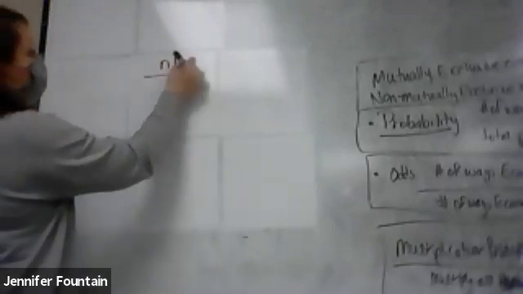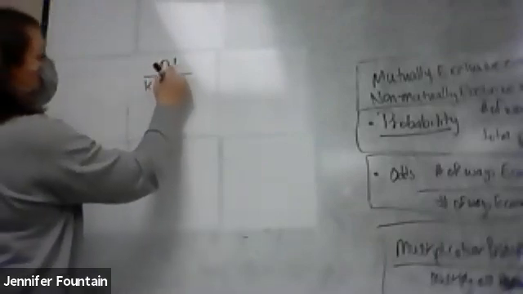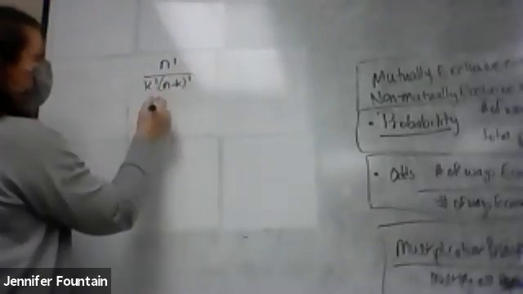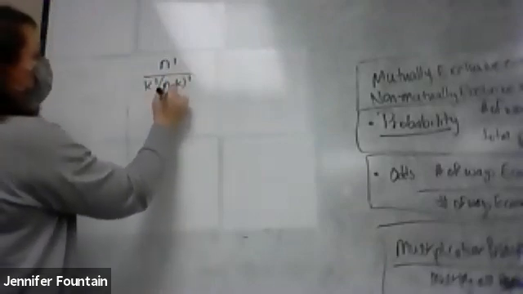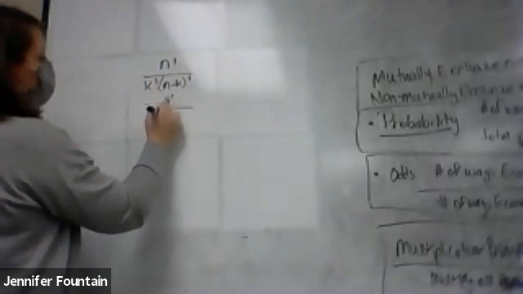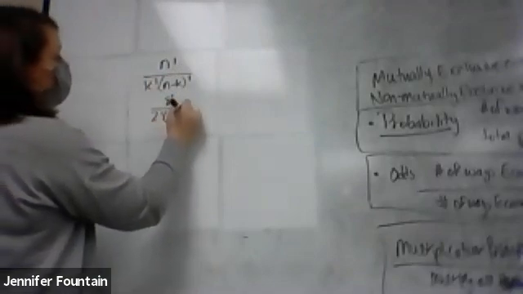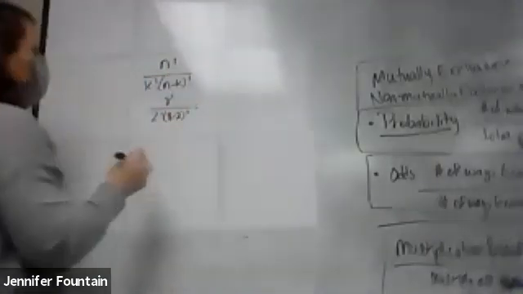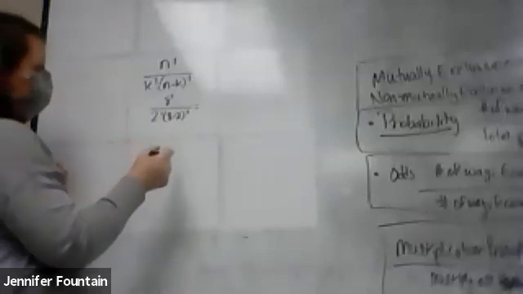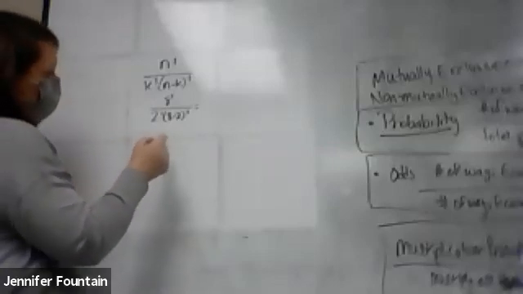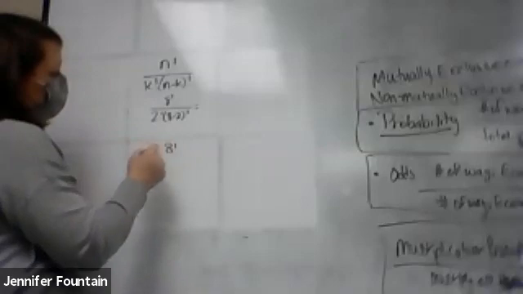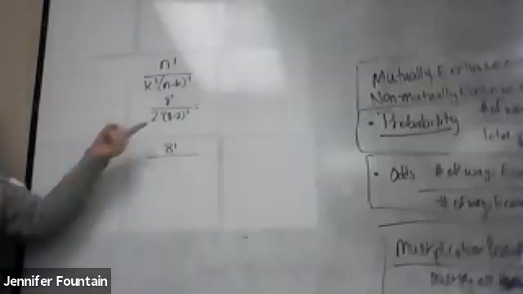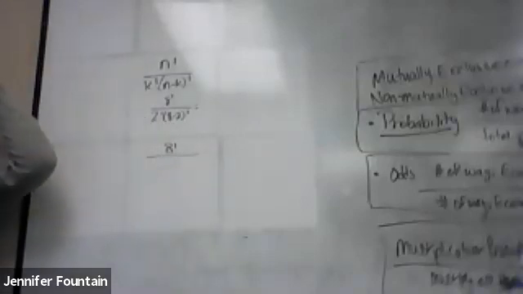So n factorial over k factorial times n minus k factorial. So I said we have 8 factorial over 2 factorial times 8 minus 2 factorial. So what is 8 minus 2? 6.